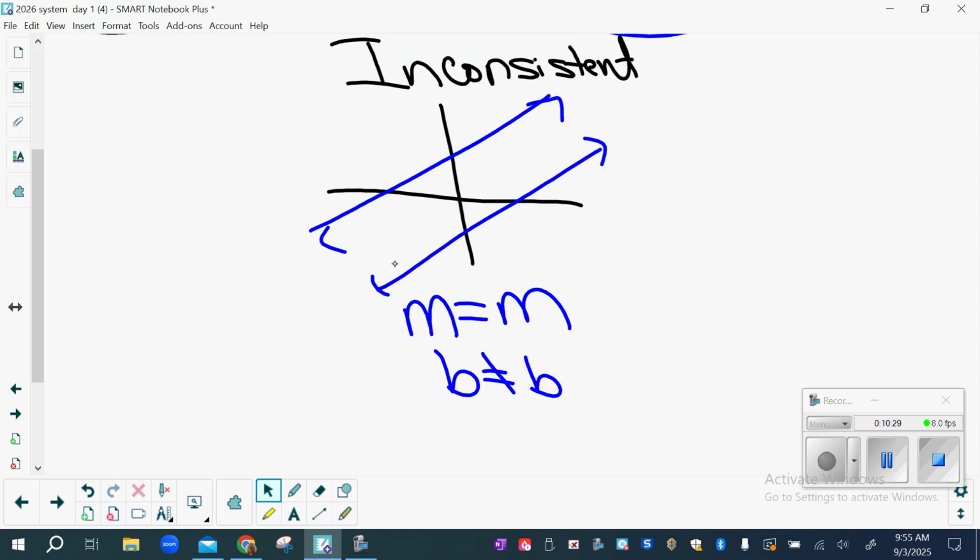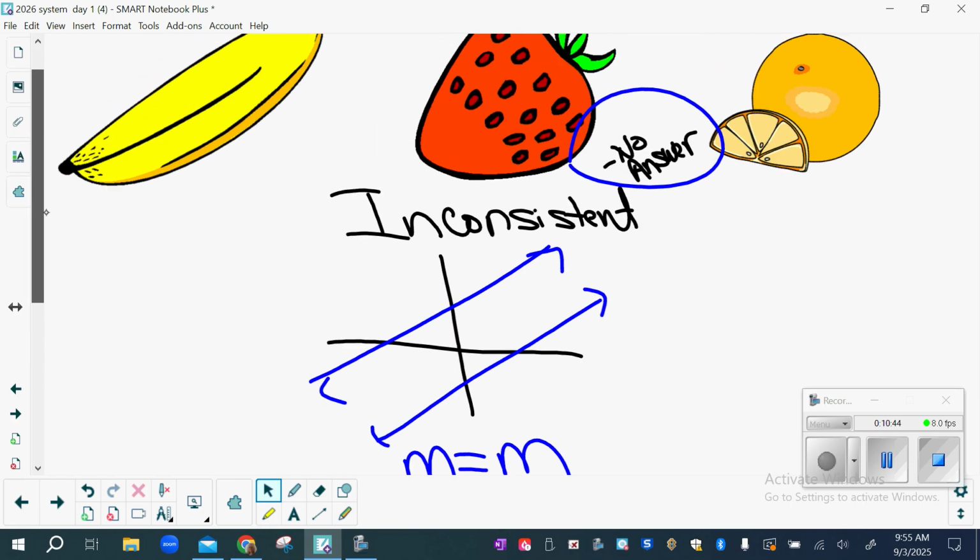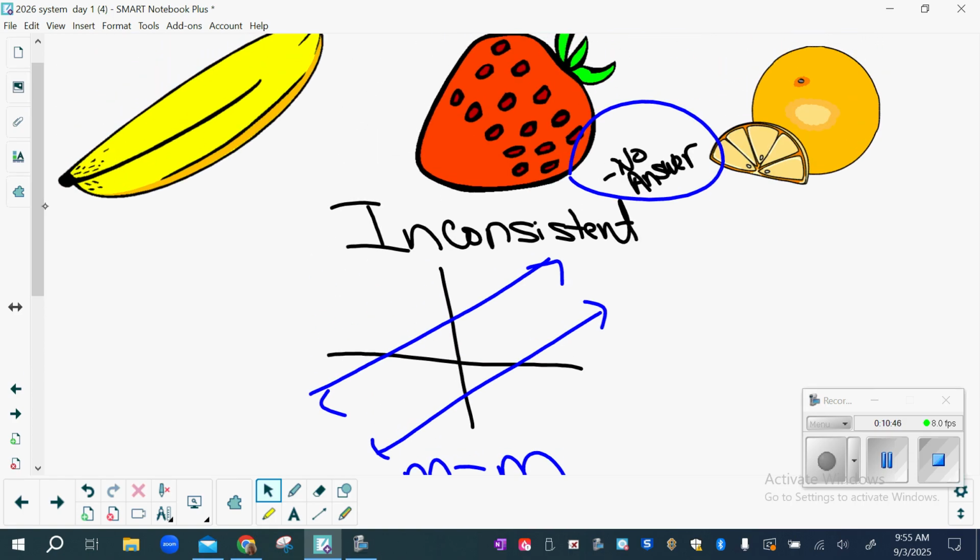We want them to be parallel. So slope same, b different, right? How many answers will you get? None. No answer. So what you're going to take away from this: no answer, inconsistent, slope is the same. And that's our strawberry.